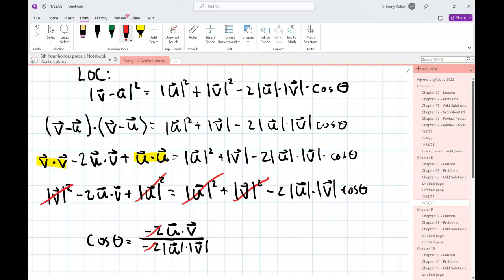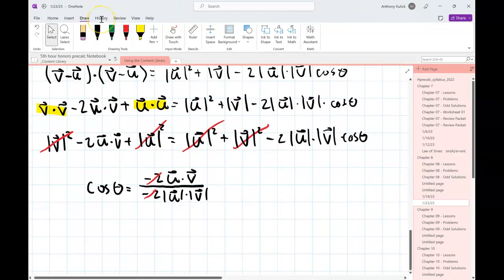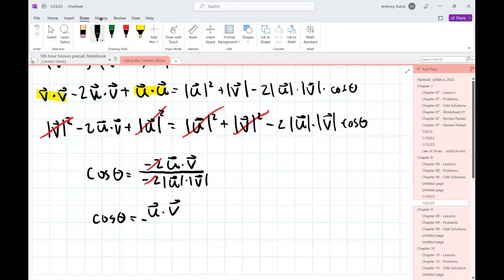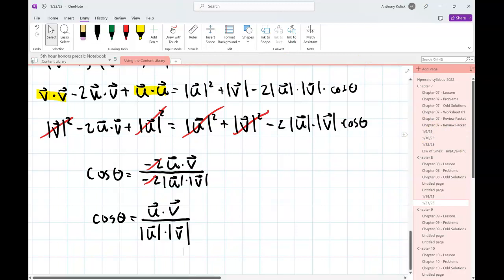So the -2's can cancel out. So I can write that cosine theta is equal to u dot v over the magnitude of u times the magnitude of v.